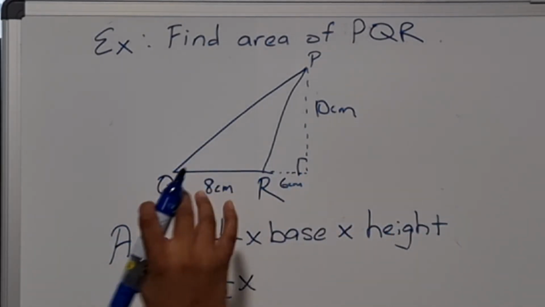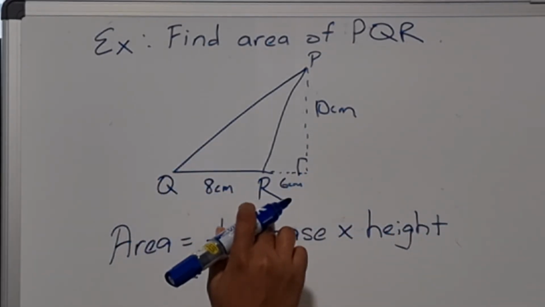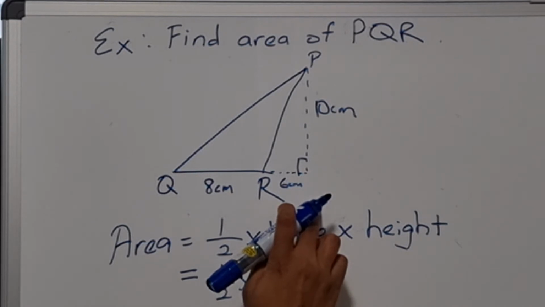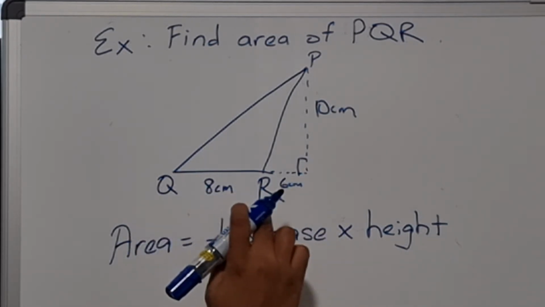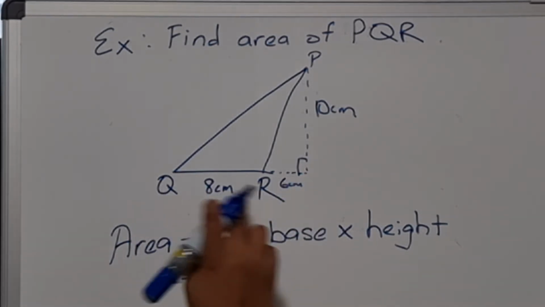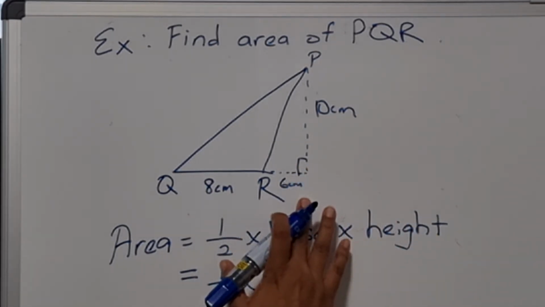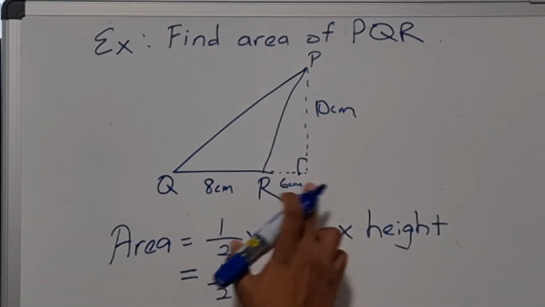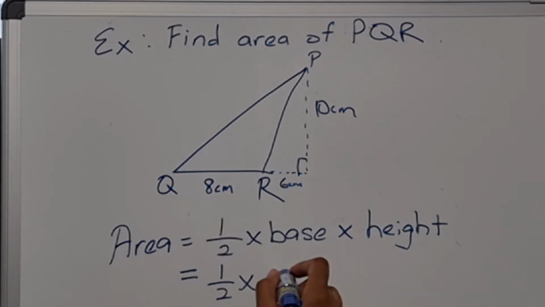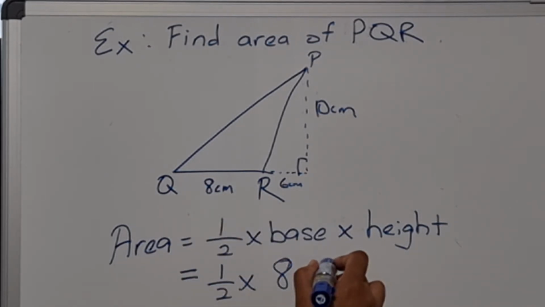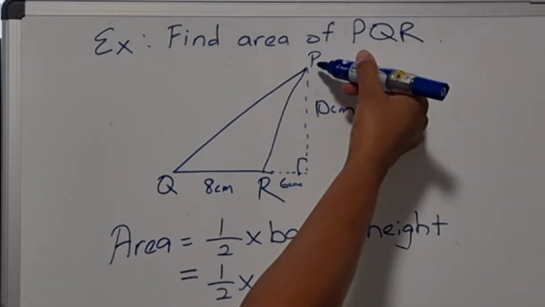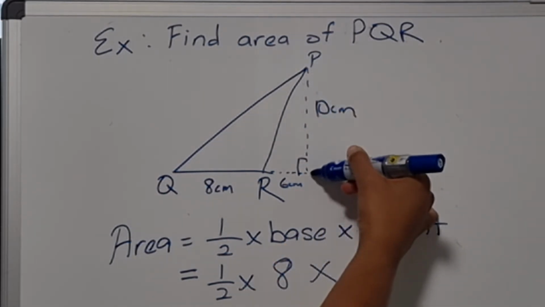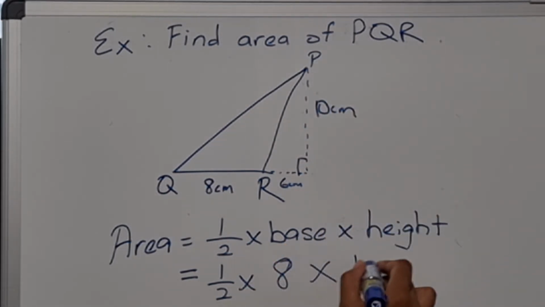Base is this one, Q and R, not the one that is outside. This is the base. So we will take 8 and we don't take 6. 6 is just an extension. So this is 8 times height. Height is from P, you drop down to the base, which is 10.